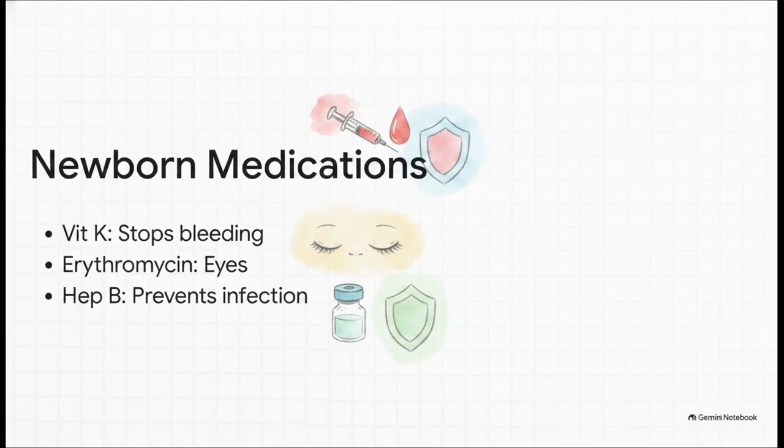Boom! Next, we use erythromycin ophthalmic ointment to prevent severe eye infections, specifically gonorrhea that they might pick up during birth. And the Hep B vaccine is given to, well, prevent hepatitis B. So for your exam, just remember this. Every single medication is basically just a bridge. It's a bridge to protect an immature system until it can function on its own.